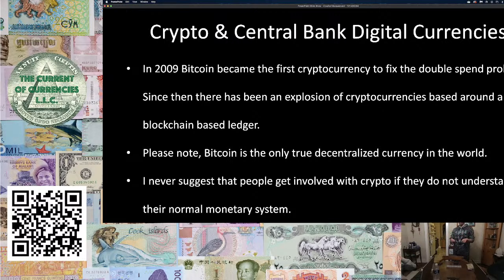They own more than like 20% of the node system for Ethereum. There's other. Don't tell me BlackRock. No, it's another obscure investment company. So again, I never suggest people get involved with crypto if they don't understand a normal monetary system to begin with, because unless you know the fundamentals, you don't want to move into that technical market.